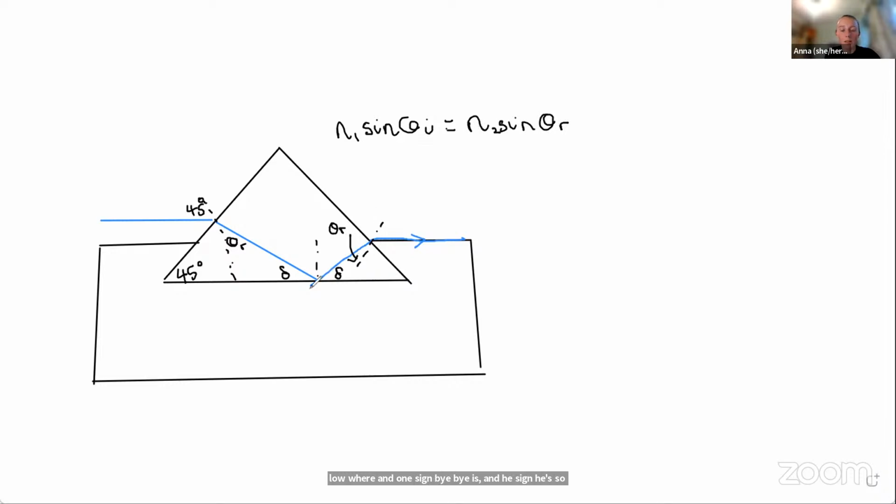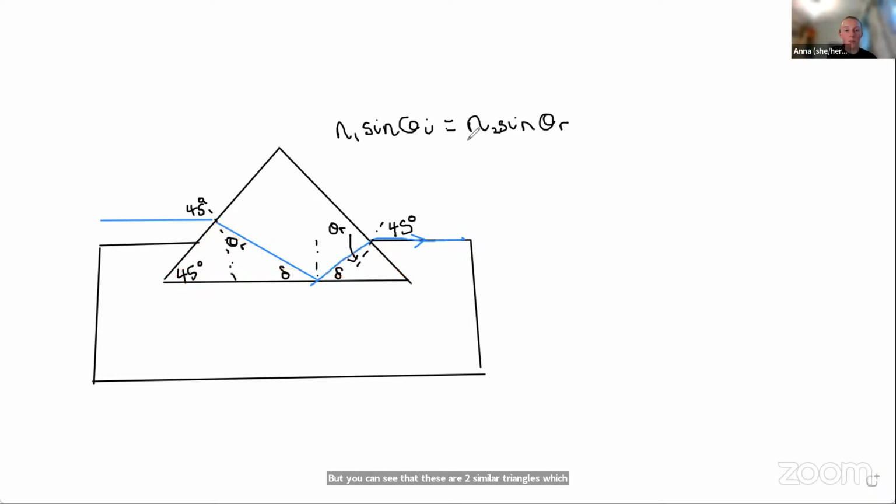If it's approaching the boundary of the glass at theta r, then it will emerge at theta i, which is, as we've been told, 45 degrees. And then if I draw on briefly in red, we have two similar triangles here. Sorry, that's terrible, and I will remove it in a second. But you can see that these are two similar triangles, which is going to be really useful.